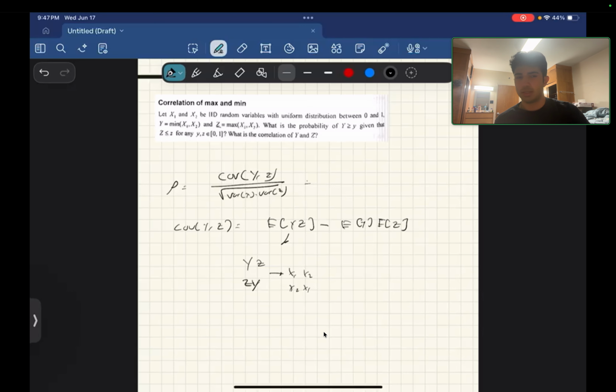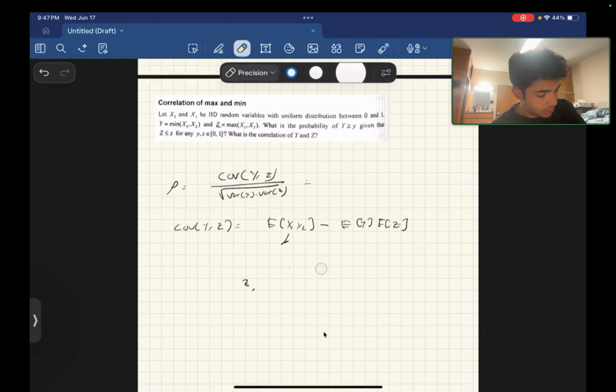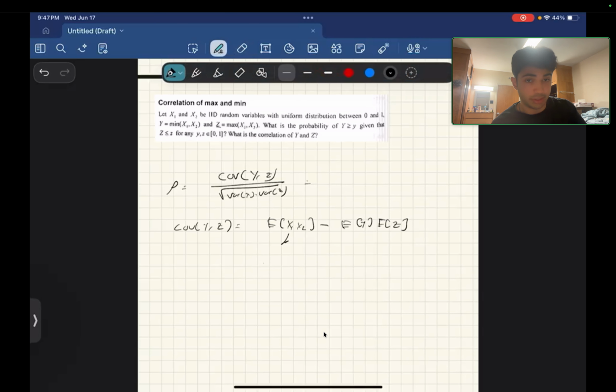Meanwhile, y and z follow some extra traits like min and max. Since they're independent, we can just say it's equal to the expectation of x1 times the expectation of x2. Cool.